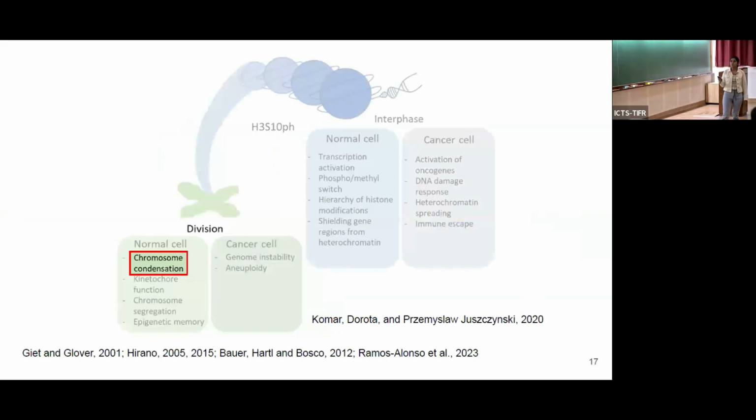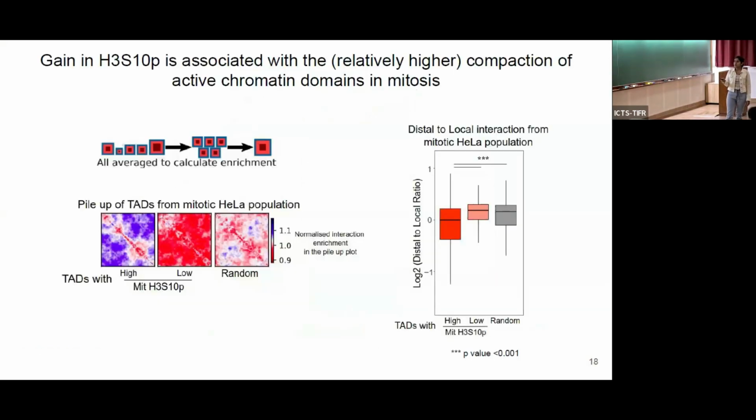Okay, this was good, but what exactly is H3S10p doing there? There's literature that suggests that H3S10p might be involved in chromosome condensation or local compaction, depending on the context. So what we asked is, again, we took the Hi-C data from Dekker's lab, who have done Hi-C in mitosis. And what we are doing here, I would like you to just focus here. We are taking all the TADs which have high H3S10p, low H3S10p, or which is a random category, and we pile them up and then check the enrichment, intra-TAD enrichment.